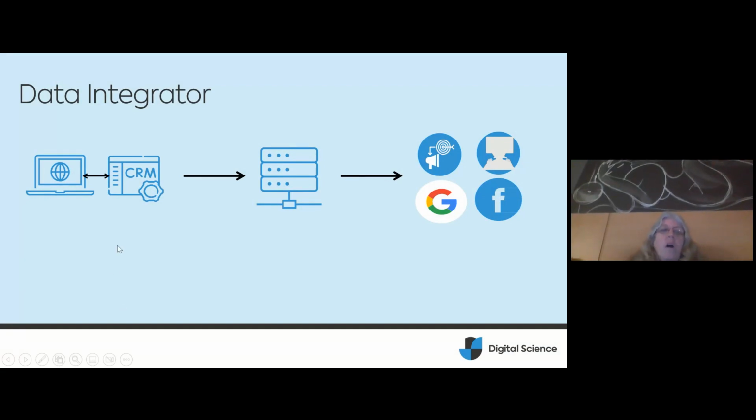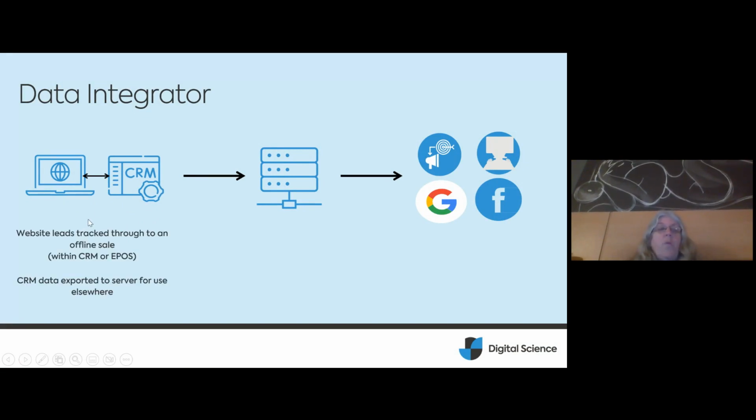So first of all, let's say we've got our CRM and our website. So for example, what we can do is we can track our offline leads and sales. So we've got our website lead, and then we follow that into our CRM system or our EPOS system, and then we know whether we've got a sale, and we can inject that back in.